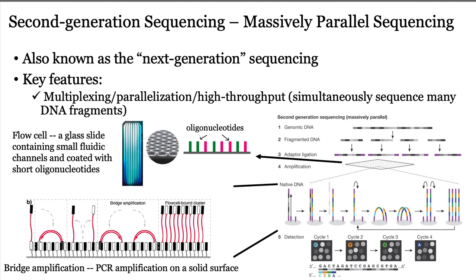Bridge PCR is used in the Illumina Solexa sequencing technology, while emulsion PCR is used in Roche 454 technology. Basically, Illumina and Solexa is one company, and Roche and 454 is another company, and it has a complicated name.